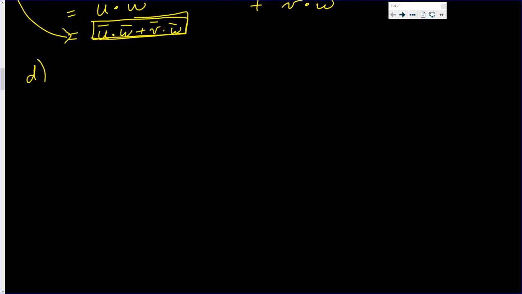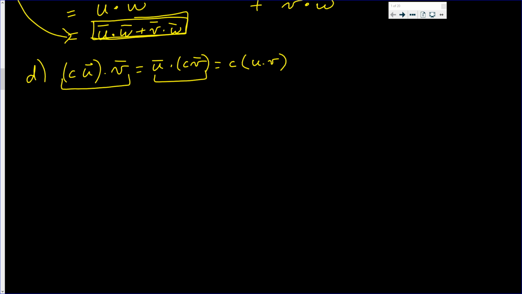Letter D. I want to show the following: that a scalar c times vector u dotted with vector v is the same as u dotted with the scalar c times v, which is the same as c times u dot v. Okay. So let us start with this and show that it equals that.